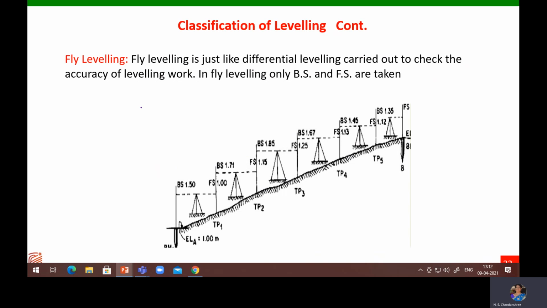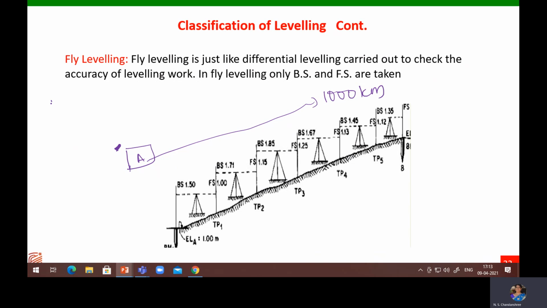Next we have fly leveling. Let us say we want to start the work at point A. We have to start a road at point A, but we do not have any benchmarks near this site, and the road has to run up to 1000 kilometers. Then we have to carry a benchmark from the nearest permanent benchmark.